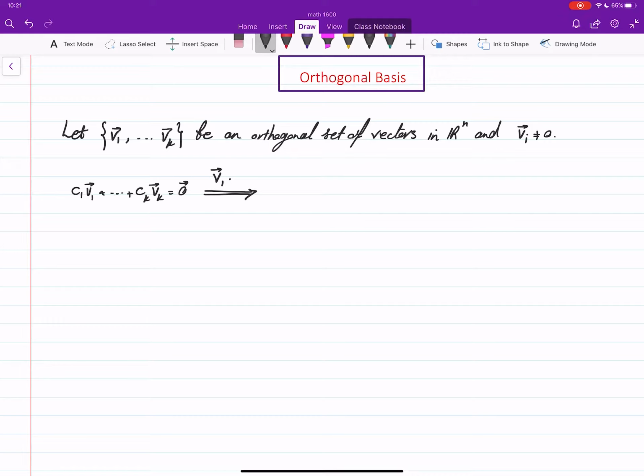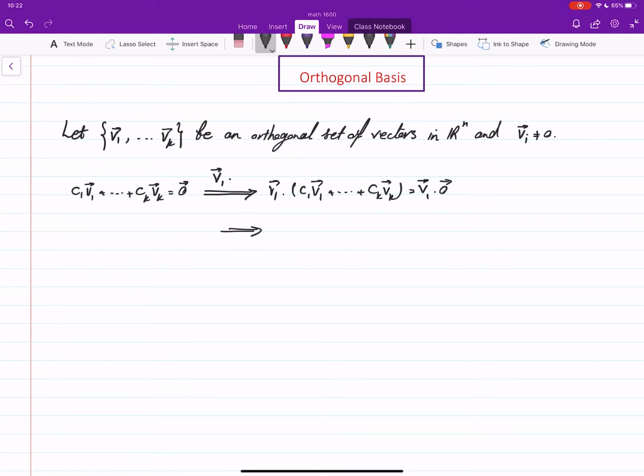This is a trick that we will do again and again when we're working with orthogonal sets: dot product of a linear equation by one of these vectors. So we have v1 dot c1 v1 up to ck vk equals v1 dot 0.